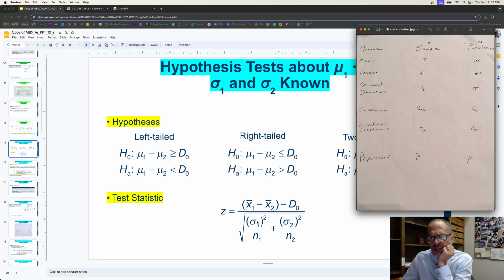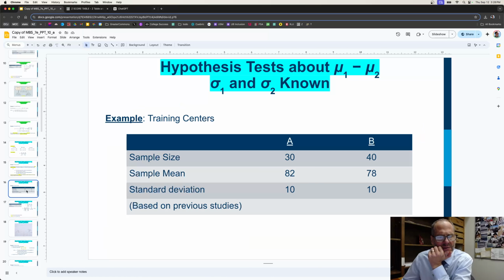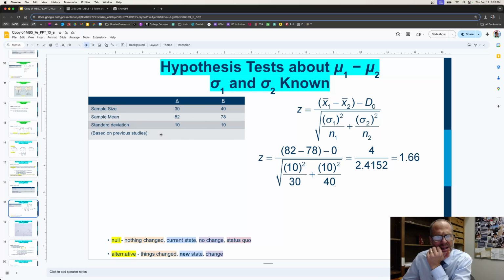Then these are the population standard deviations, and this is the sample size, the lower n. Here is the question, and here is all the data from the samples: sample size, sample mean, and standard deviation, which again is the standard deviation of the population. Here's that data over here to the left.